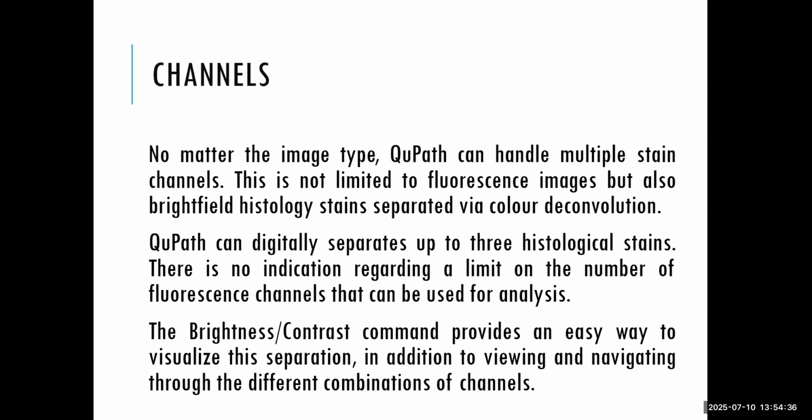Now, when we stain with things like DAB and H&E, we typically take an image of the whole sample with a color camera. Now, there is no separation within the camera. It's literally just an image of the color, the pixels from the sample.